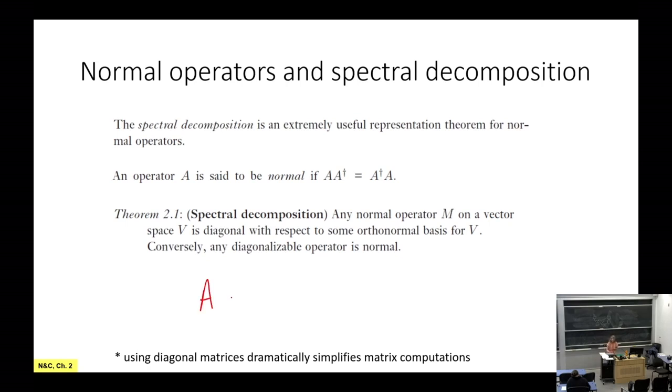So it takes our square matrix A, and it's going to decompose it into P times some diagonal matrix D times the adjoint of P. So P is a square matrix whose ith column is the ith eigenvector of A, and D is a diagonal matrix whose elements are the eigenvalues of A, and that's why it's called eigen decomposition.